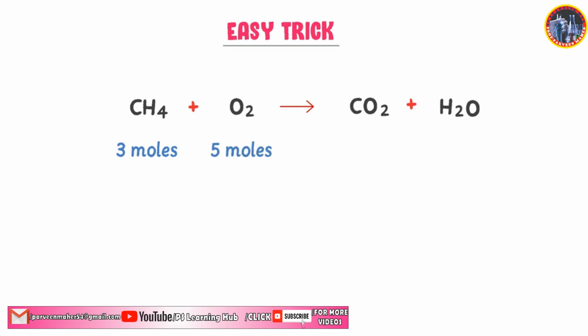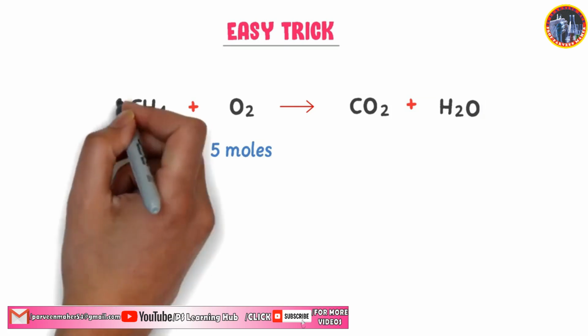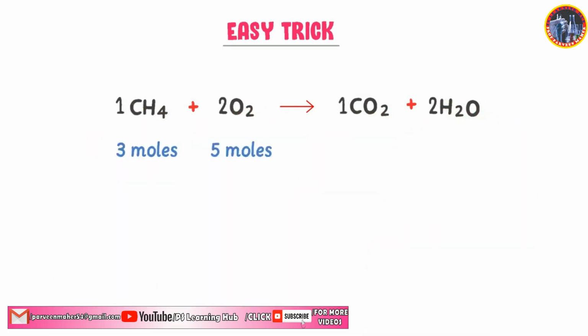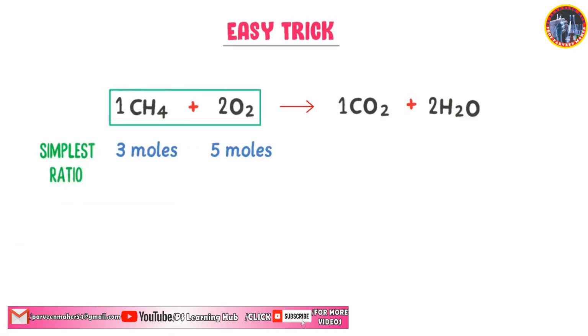Secondly, consider this chemical reaction, where 3 moles of methane gas react with 5 moles of oxygen gas to form carbon dioxide and water. I balance the chemical equation. I write here 1, 2, 1, 2. Now I find the simplest ratio between methane and oxygen gas. I divide 3 moles of methane by its coefficient 1. Also, I divide 5 moles of oxygen by its coefficient 2.